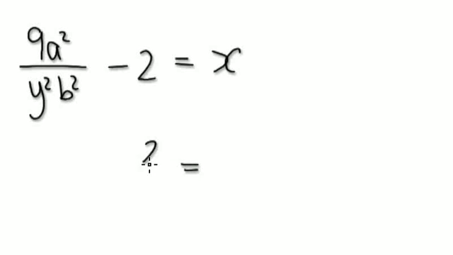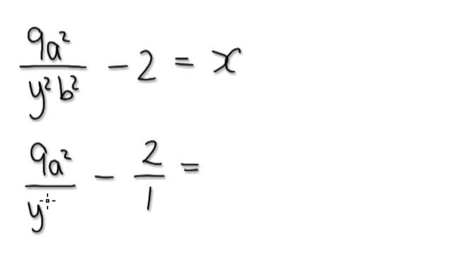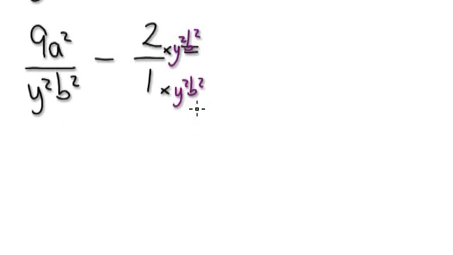So I'm going to write the 2 as 2 over 1, and then times top and bottom by y squared b squared.